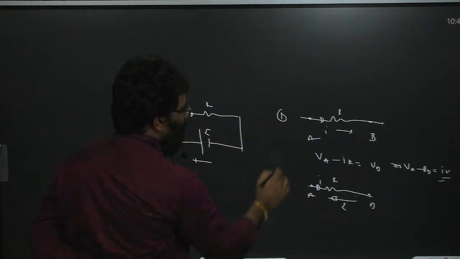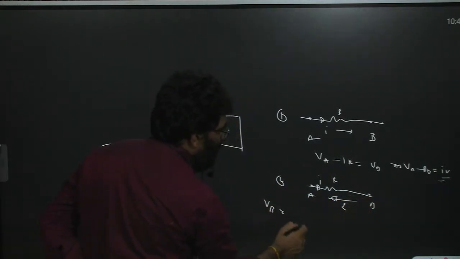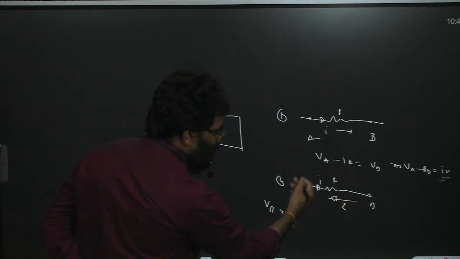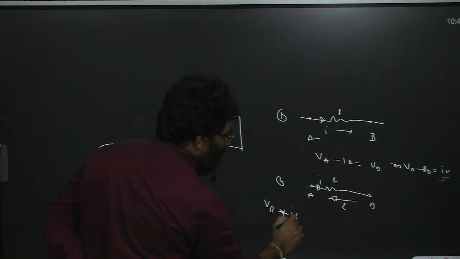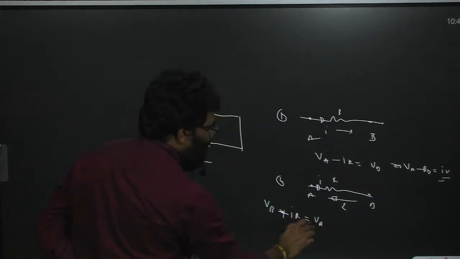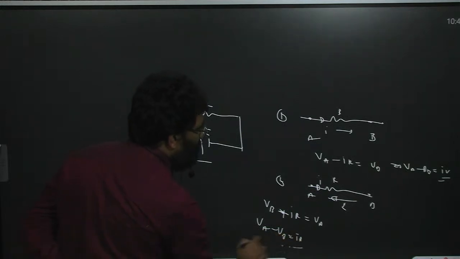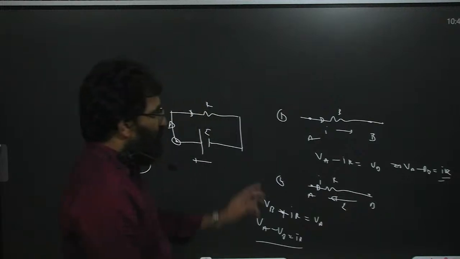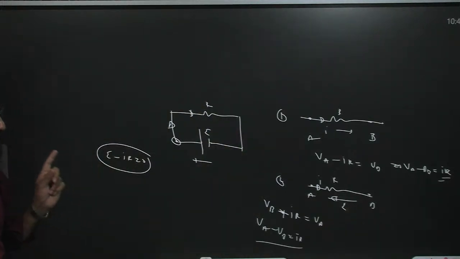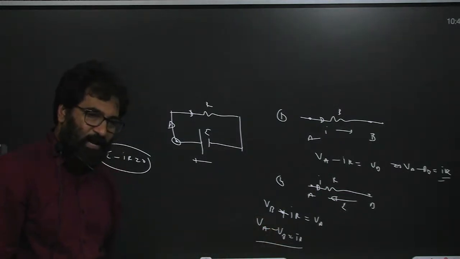Starting from VB and moving against the current, VB plus IR is equal to VA. Now VA minus VB is equal to IR only. When we move along the current direction, there is a potential drop; against it, there is a potential gain. So VA minus VB is always IR only.